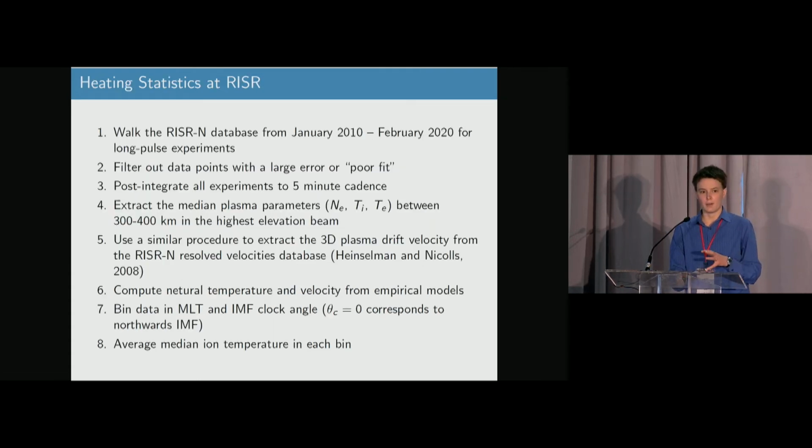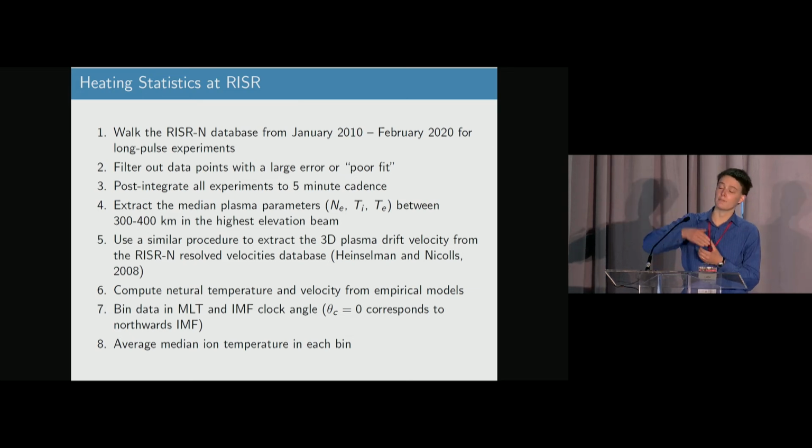So we want to look at how common this is from a statistical standpoint using the RISR database. What I did is, I'm looking at the database from 2010 to 2020, so basically a decade, do some filtering to remove data we don't trust, and post-integrate all data to 5 minutes, just so we have a uniform data set that we're looking at.